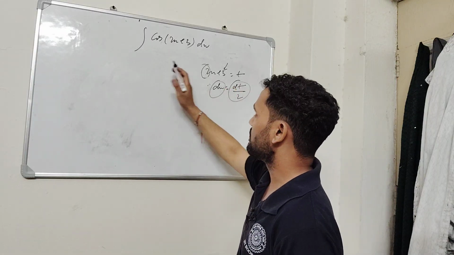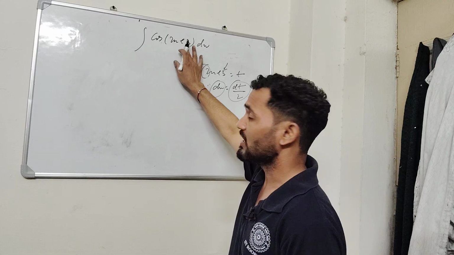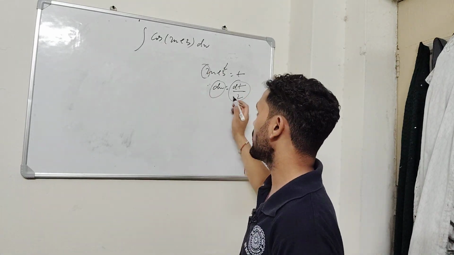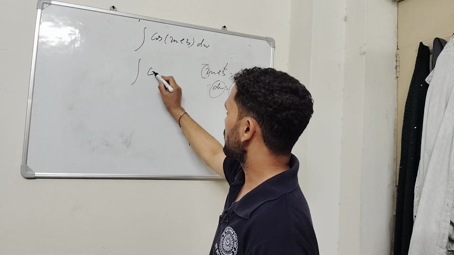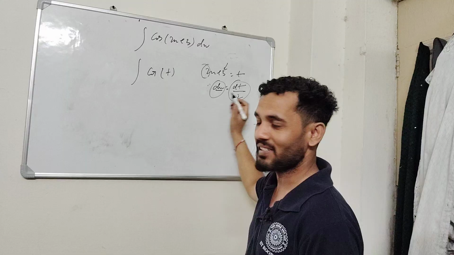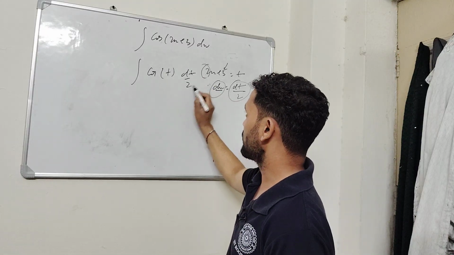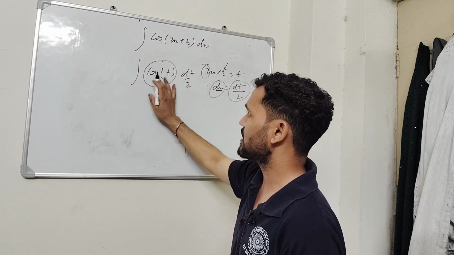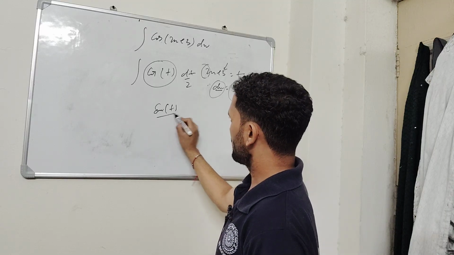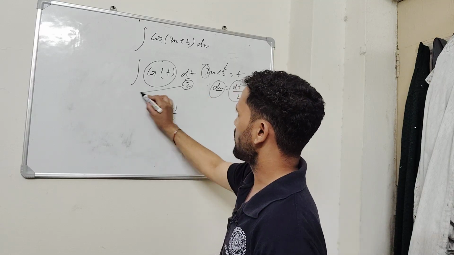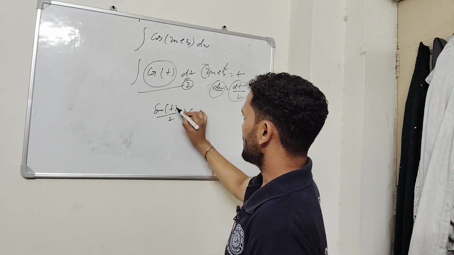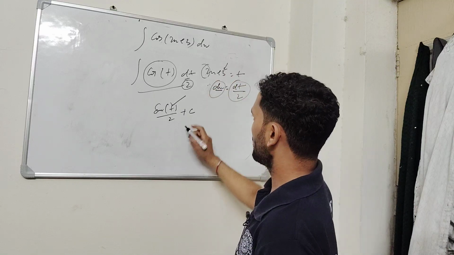So this one is in the form of x, so the whole function is converted into dt, right? So here cos of t, and dx is replaced by dt by 2, right? So what is the integration of this one? Simply sin of t, right? This is the constant which comes out, and plus c, and t is replaced by what?